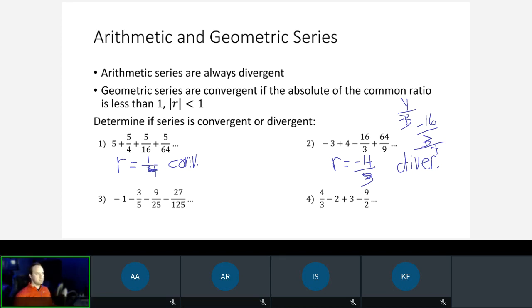Yeah, we just did what we've been doing the last few days. You calculate your common ratio by doing wherever you are divided by the previous term. We can do that a couple times just to make sure it equals the same thing.